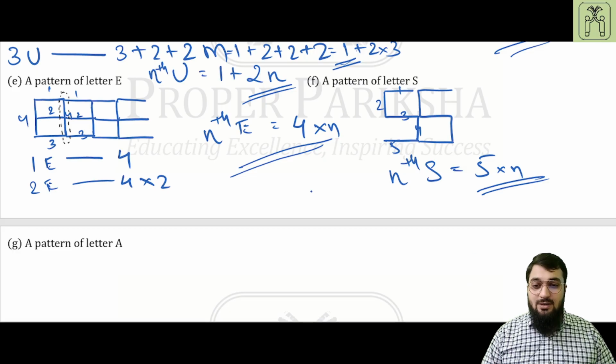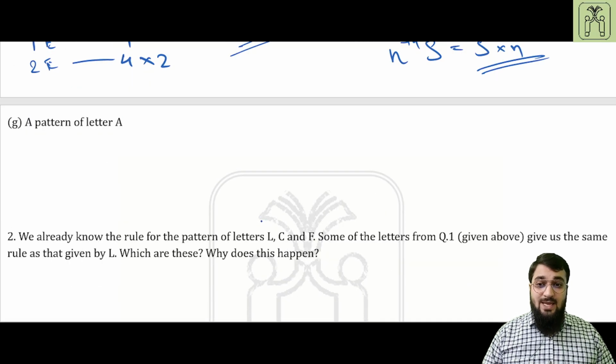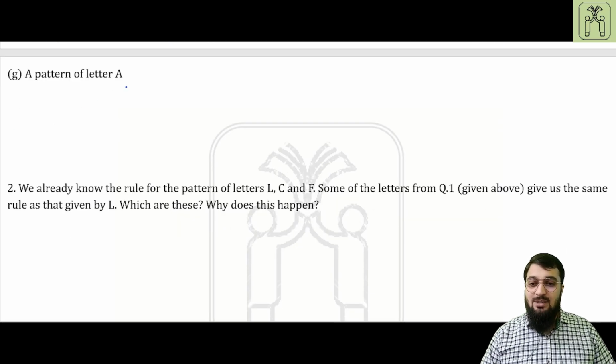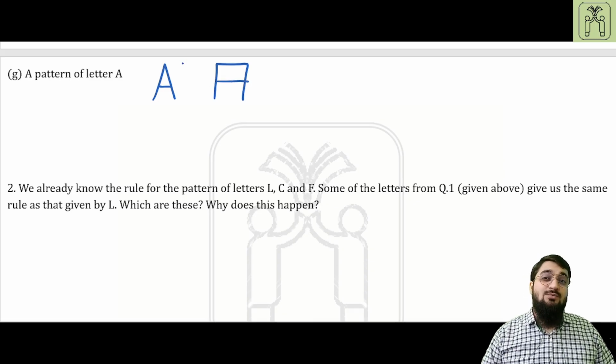Pattern of letter A. So A can be written in two fashions. Either it can be written in the form of this one, or it can be written in the form of this one. Which do you think is more appropriate, concerned about making it with matchsticks?